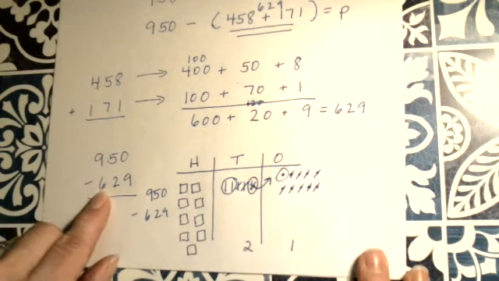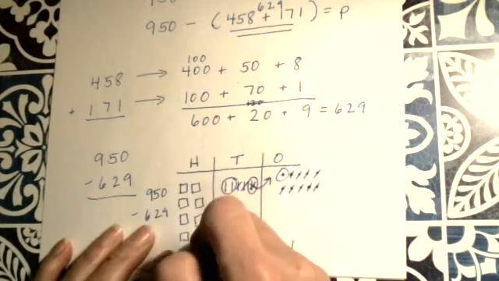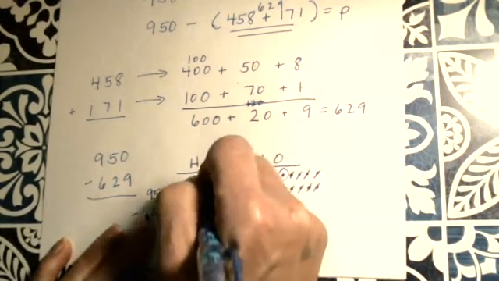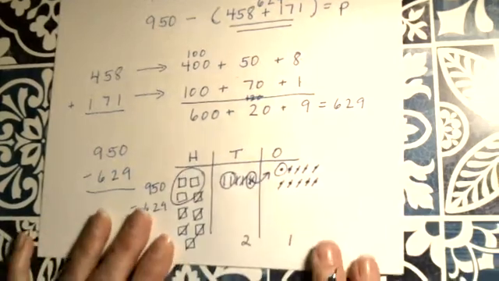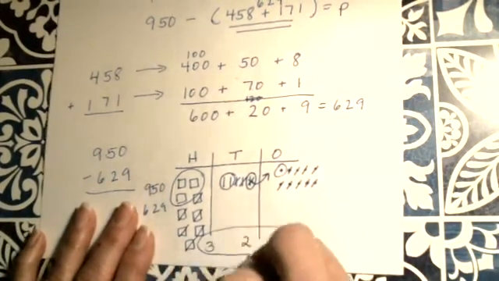Now I have to take away 600 from the 900. So I take away 6, and I have 300. 321.